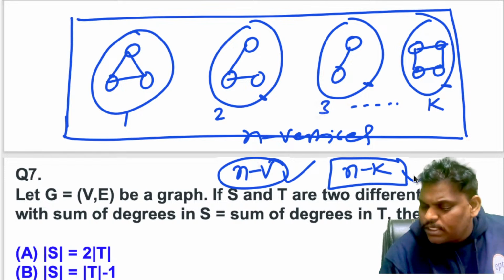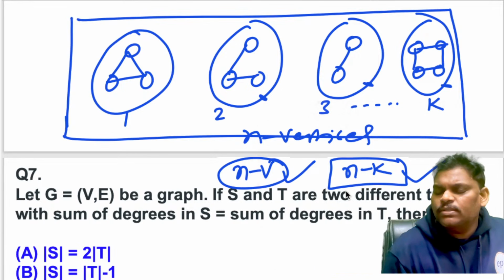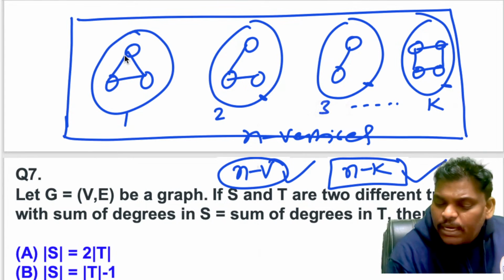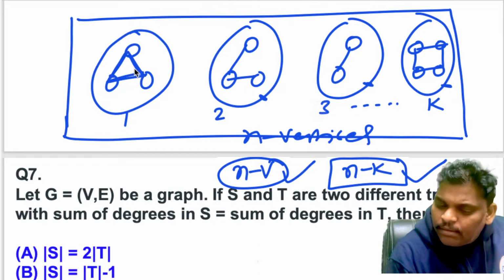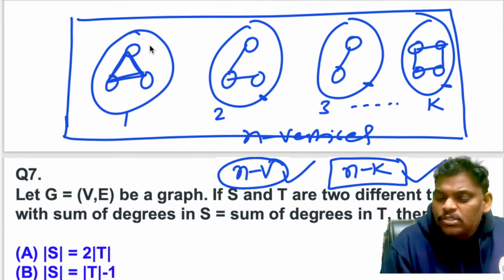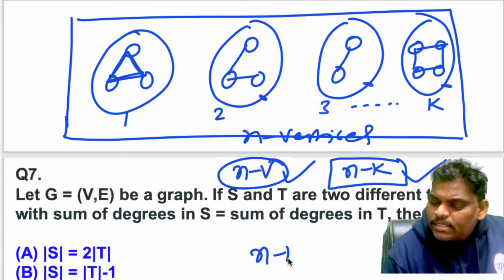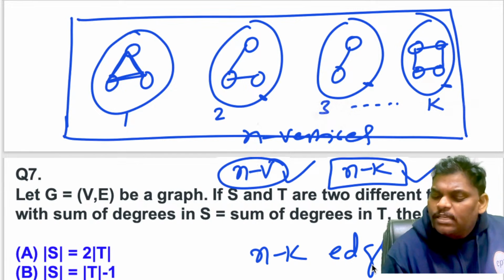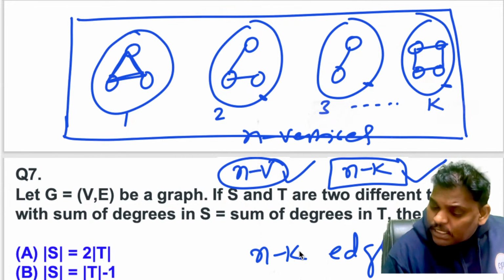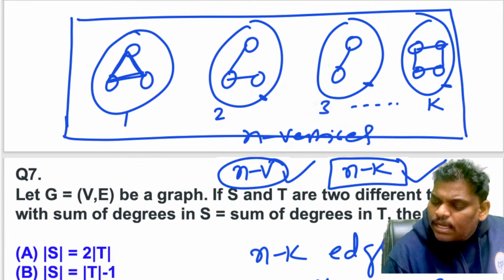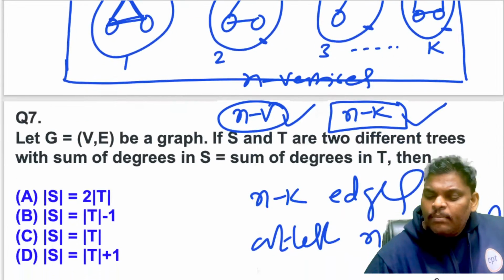Every one of these n minus k vertices will lead to one edge or more, because it is not a forest. Cycles are also allowed. If cycle is not allowed, n minus k edges will come. Because cycles are also allowed, at least n minus k edges are allowed.